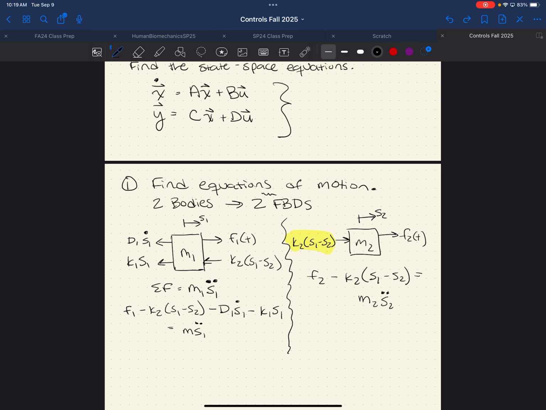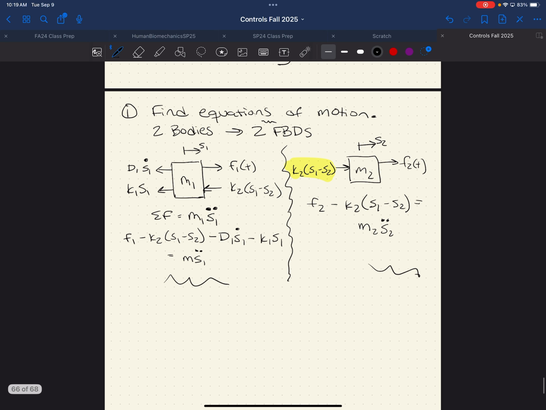Okay, so now I have my equations of motion. I have something about S1 double dot, something about S2 double dot. Again, I'm going to rearrange so that I have S1 double dot all on its lonesome on the left. So I'm going to divide by M. And in fact, I'm going to try to group these the way that I did before.